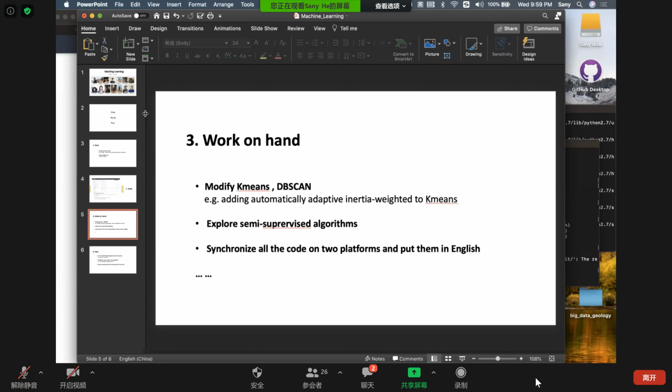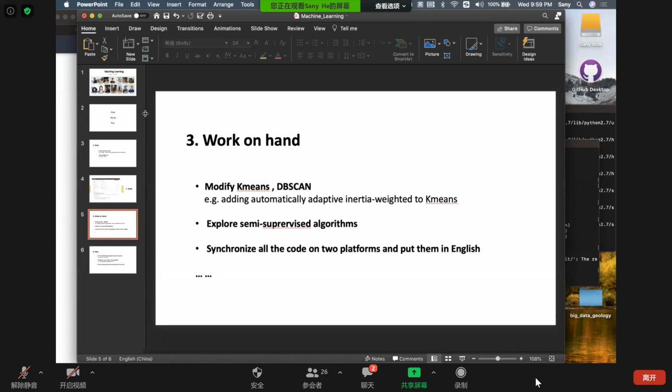And the second thing is to explore some actually brand new algorithms like semi-supervised learning, and it's my work, but I'm busy with my school work also. So when I have time, I will do more work and spend more time on them.